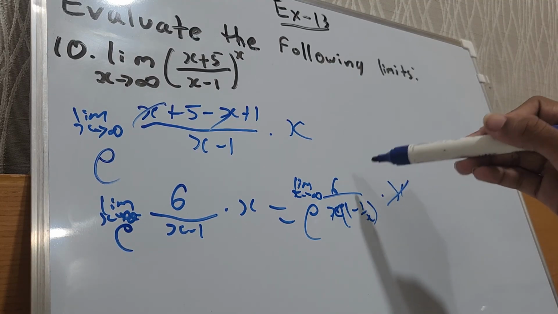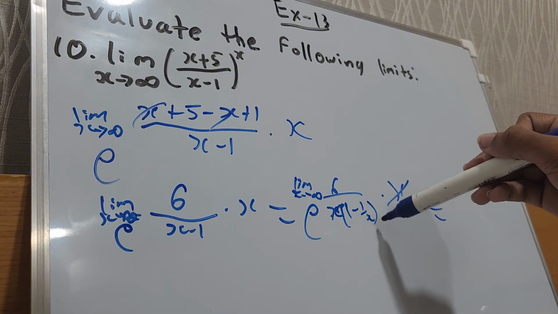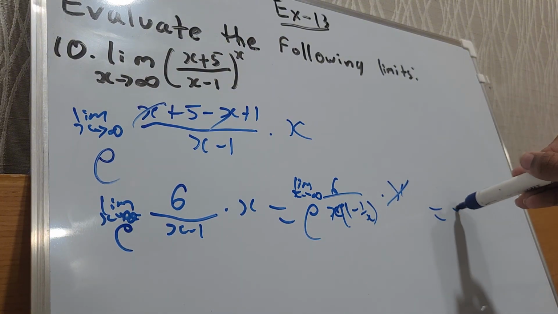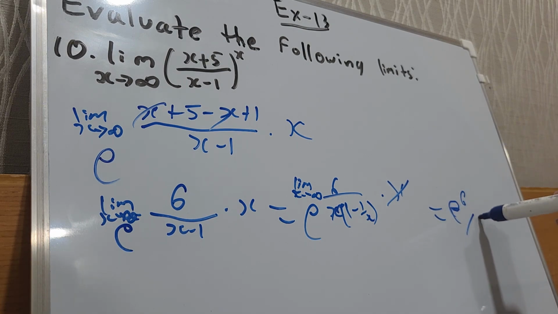These two cancel. This will be 1 by infinity, 0, 6 by 1, 6. So e power 6. So this is the answer. Now we'll move on to the 11th question.